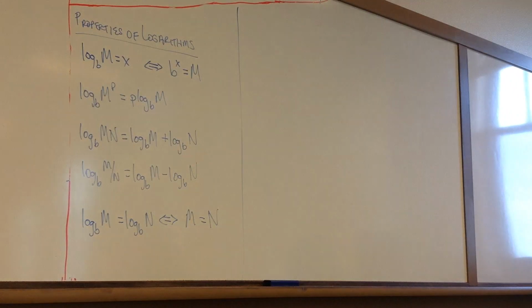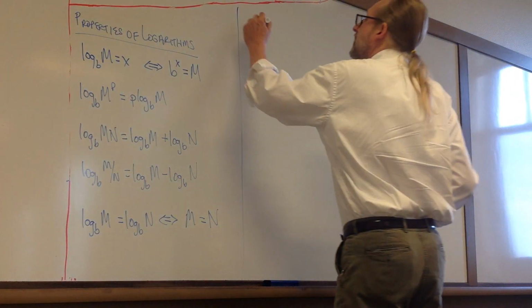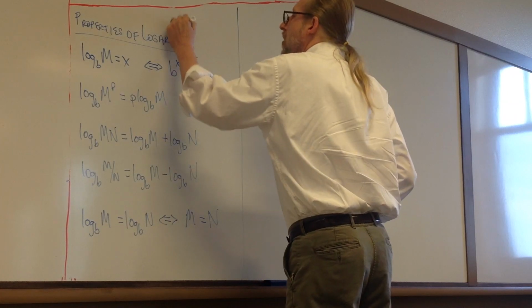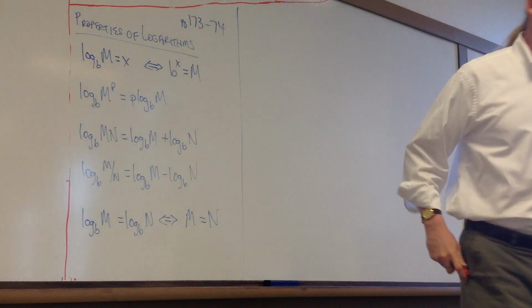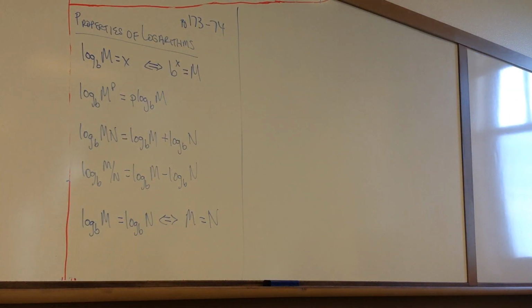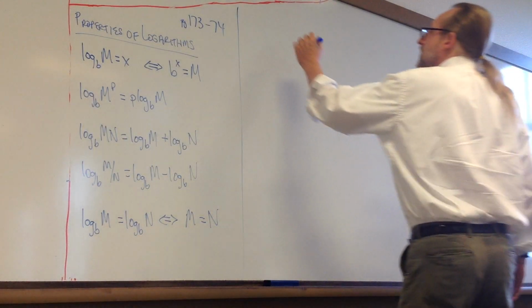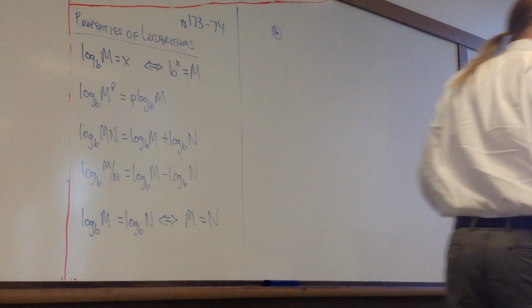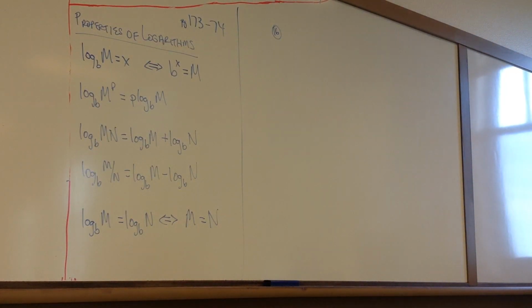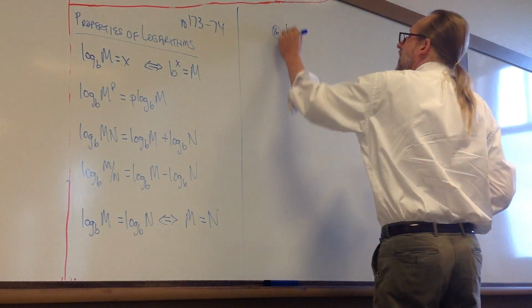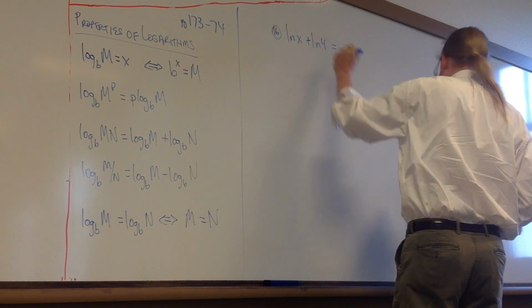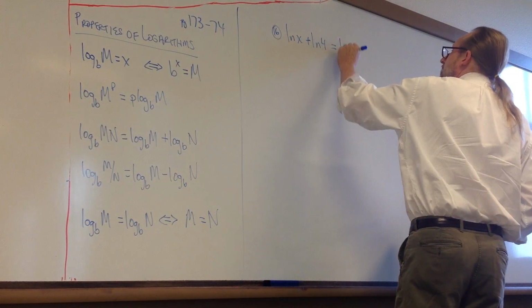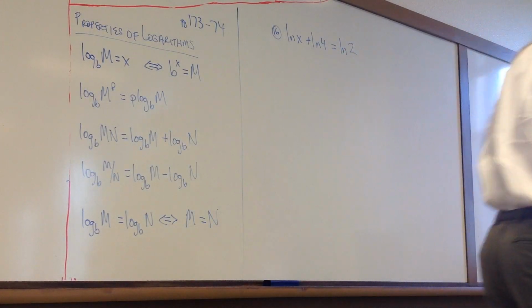Okay, so let's start out with some simple problems. These start on page 173, and they go over onto page 174. So we'll start with problem 16, which says ln x plus ln 4 equals ln 2.